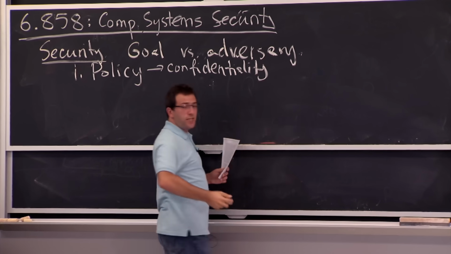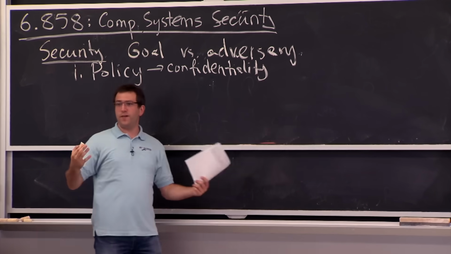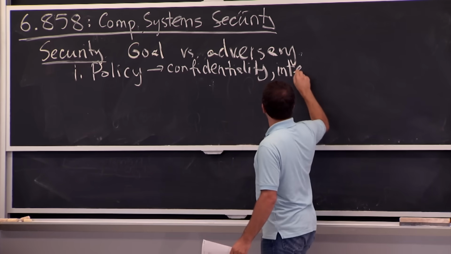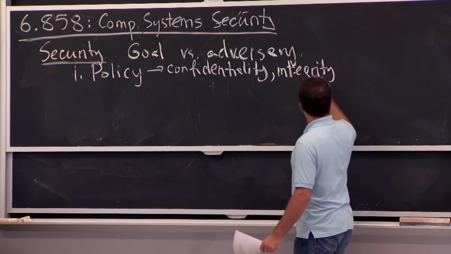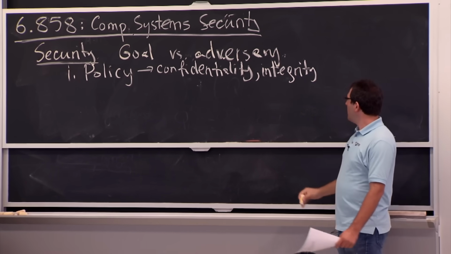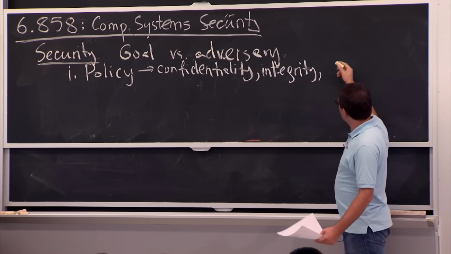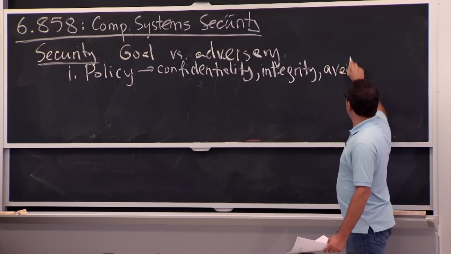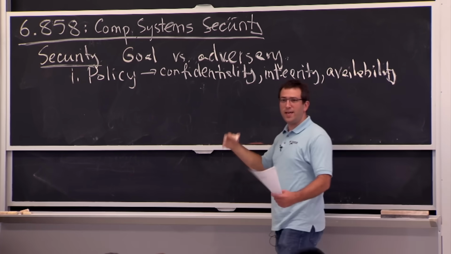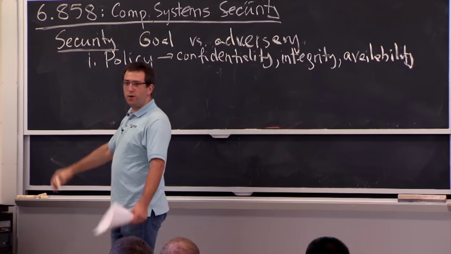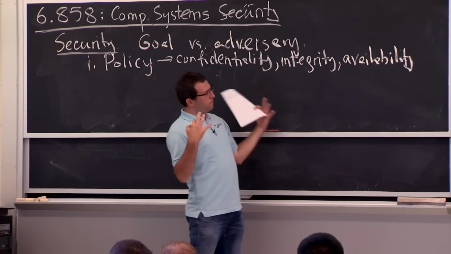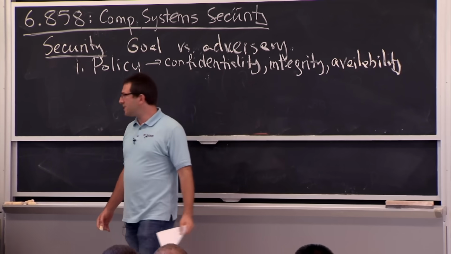So the grades file is only accessible to the 6858 course staff. Another example of a security policy has something to do with integrity. For example, only the course staff can modify the grades file, or only the course staff can upload the final grades to the registrar's office. And you can also think about things like availability. For example, a website should be available even if the bad guys try to take it down and mount some sort of a DoS, denial of service attack on it. So this is all well and good. These are the policies that we might care about from a system.